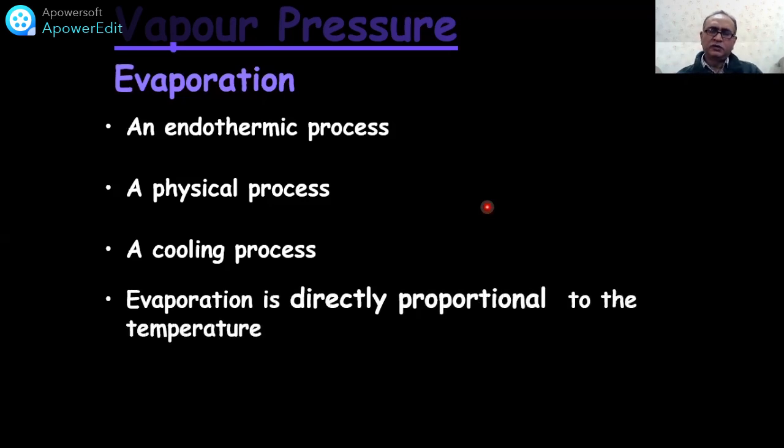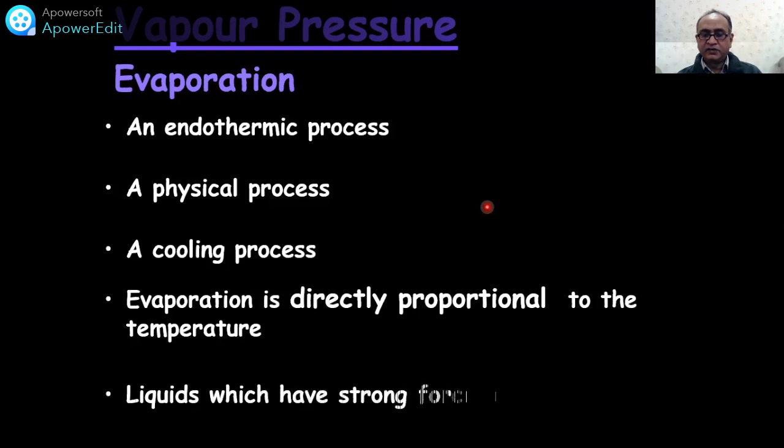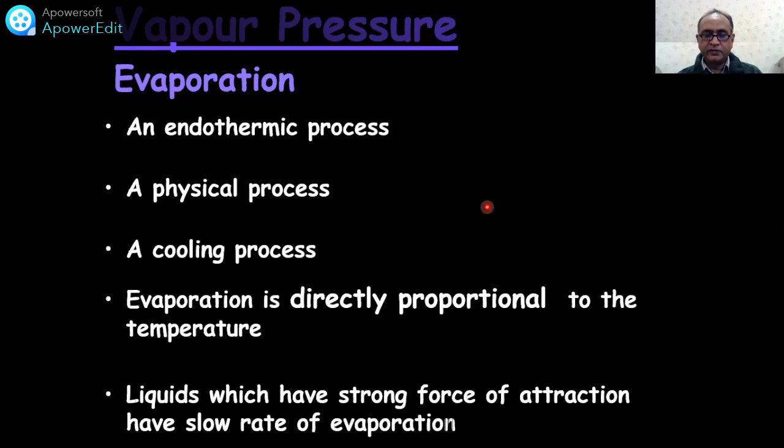Means you know that wet cloths can be evaporated very quickly if the temperature is high. Liquids which have a strong force of attraction have a slow rate of evaporation. Like honey has strong molecular forces, so it won't evaporate quickly.